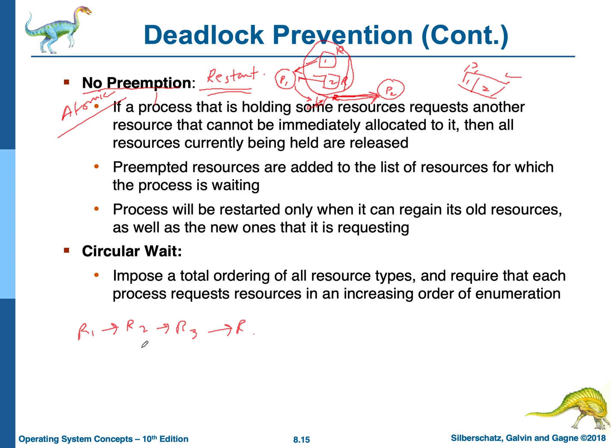Now to eliminate the cycle, we impose that the resources are requested in increasing order. It means that from R3 nobody will go to R1, it will go to R4, right, and so on. So the sequence of resources is in increasing order.